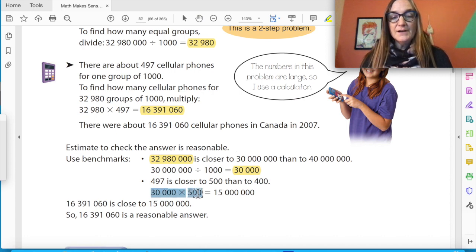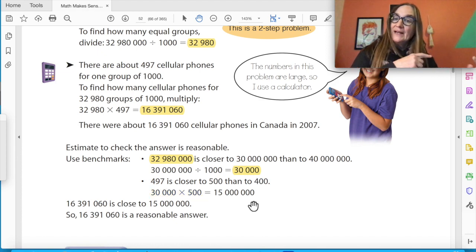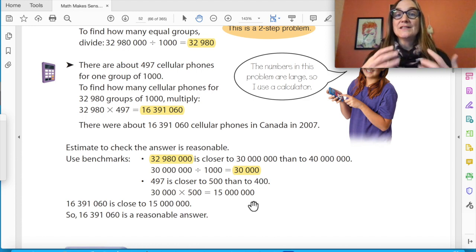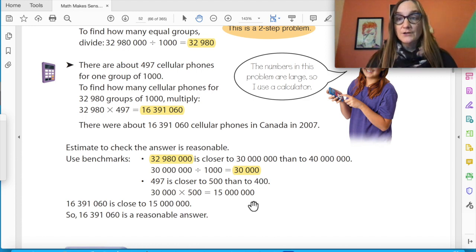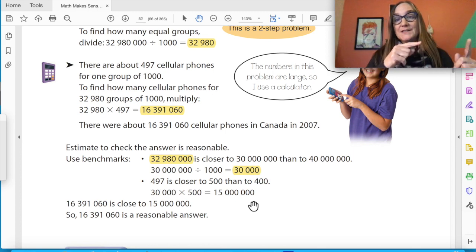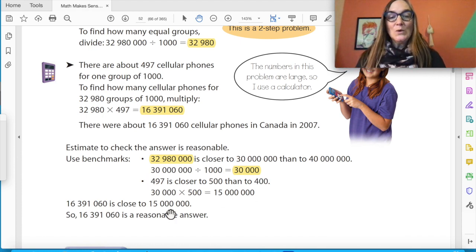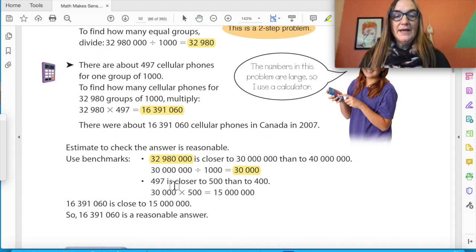30,000 times 500. You might think, I can't do that in my head, Ms. Clark. Like, come on. But again, remembering back to last year and thinking about multiplying and dividing by tens, hundreds, thousands, well, our trick for dividing was cross off the zeros. Our trick for multiplication is add them on. So what we do with this is we take our 3 and our 5, and we're going to multiply them together to get 15, right?